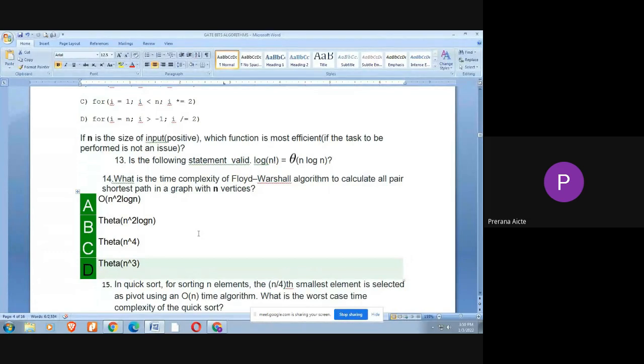Each loop repeats n times, so it is going to be order of n cube. So the option is theta of n cube, that is option D, the answer for time complexity of Floyd-Warshall algorithm for all pairs shortest path.